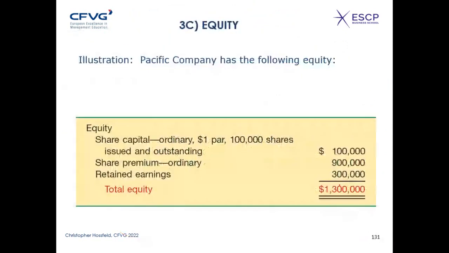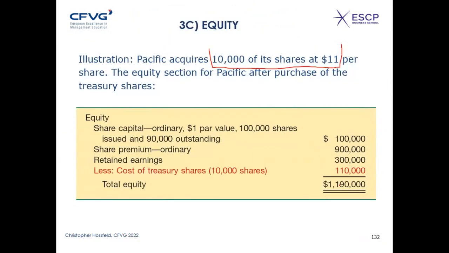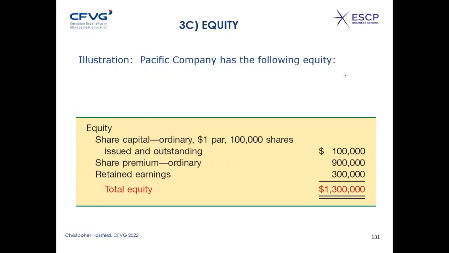Okay, so that's what I do here. So my cash position decreases, and in equity now I put a negative number of 110,000, 10,000 times 11 purchase price. So that means I reimbursed 110,000 of equity to the shareholders.